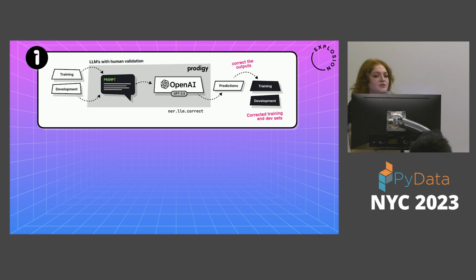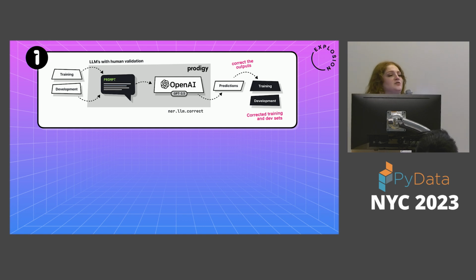And so what we're going to try and do today is this. We'll use data annotated by a large language model, using a prompt that we've tuned and identified as at least the best possible one.